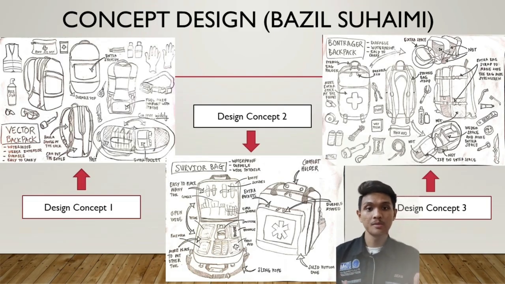This is my concept design sketch, and I have 3 concept designs, which are first, named a vector backpack, second, a souvenir bag, and the third is a bone triangular backpack. My concept design is more focused on a waterproof bag. Other features that are used on this bag are a wider interior and also a durable zip.